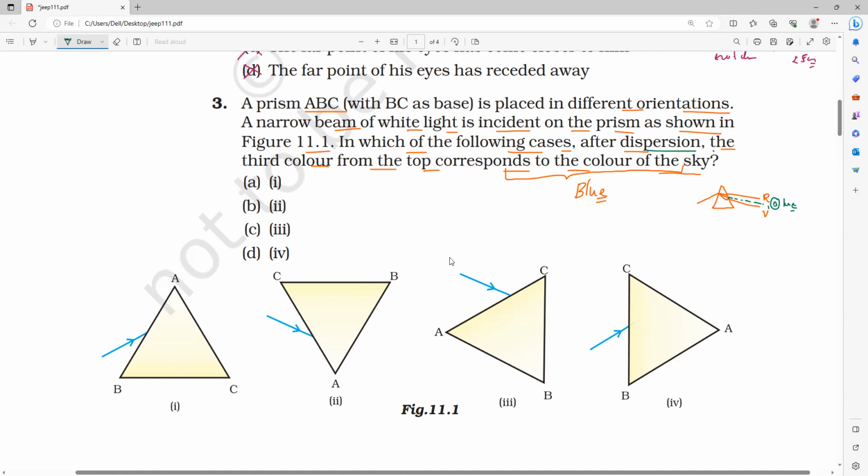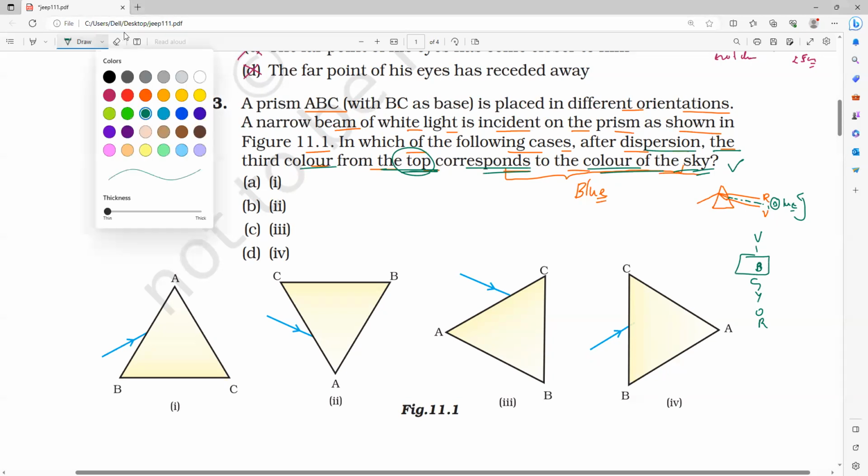But they are asking that after dispersion, the third color from the top corresponds to the color of the sky. Which means the order has been reversed. Like VIBGYOR, it is coming, so from the top it should be blue.